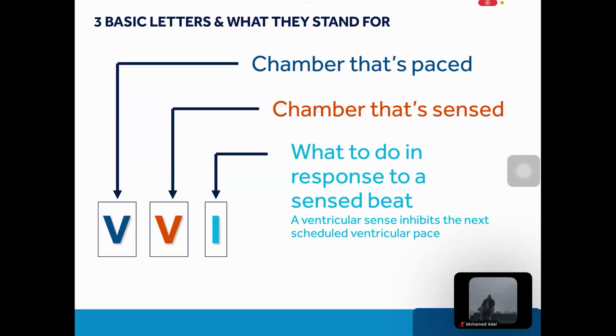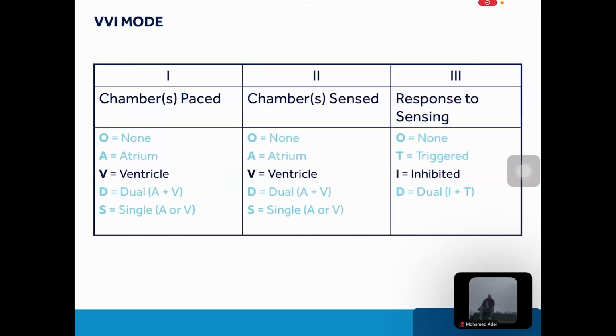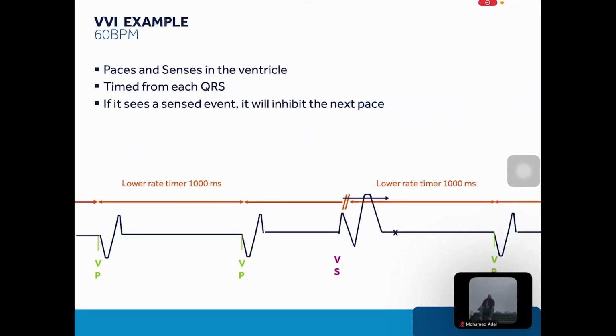But what is meant by inhibition and triggered? I will give you this example. Here is VVI mode, pacing and sensing in the ventricle. Here pacing, here pacing. Here there is a sensing event.